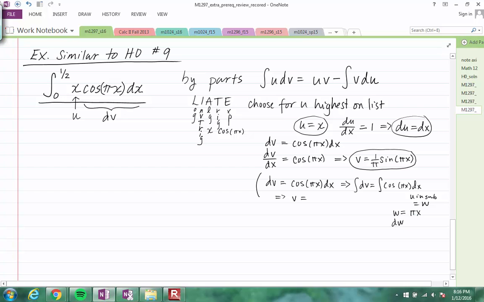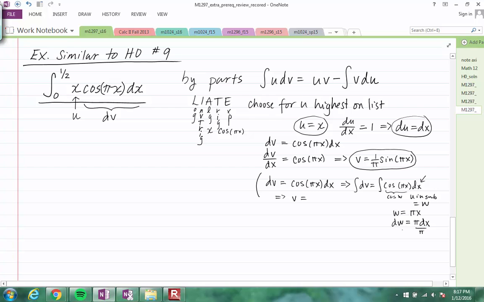And I find the dw from that by taking the derivative, I get pi, and so dw equals pi dx. And then look up here, what we have here is cosine of w, and then the dx is going to be replaced by dw over pi because there's no pi hanging out there.